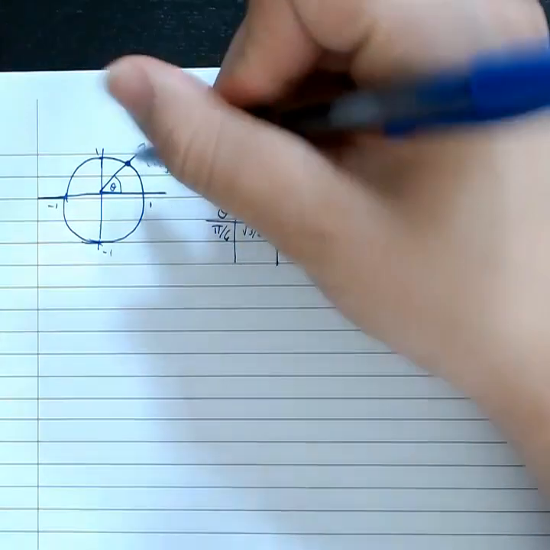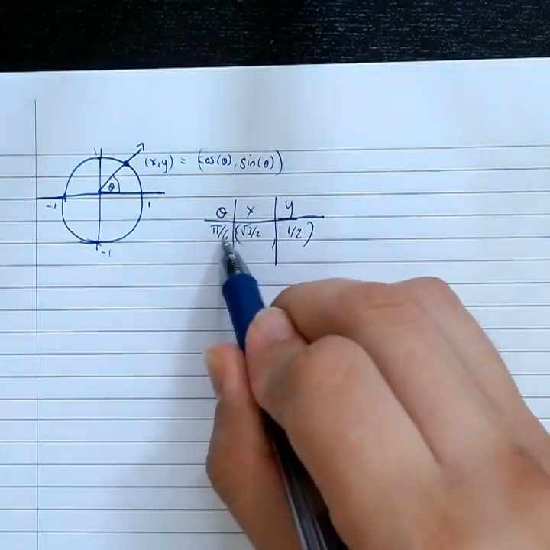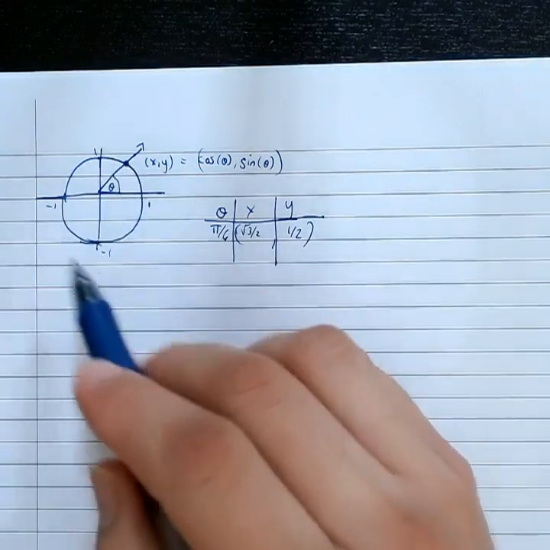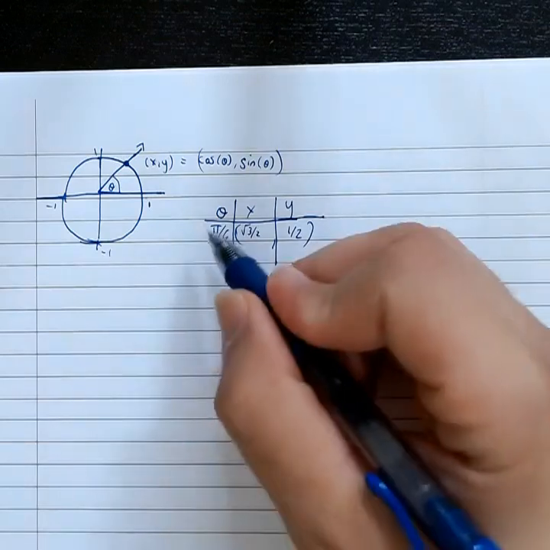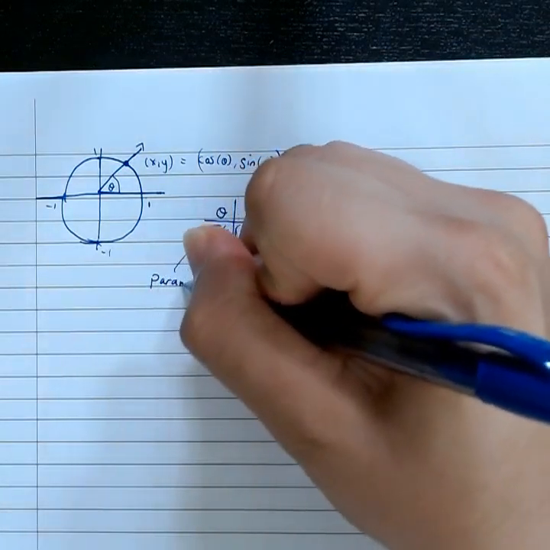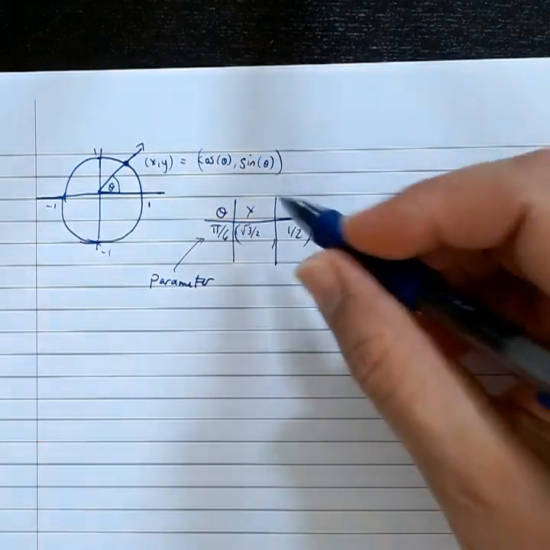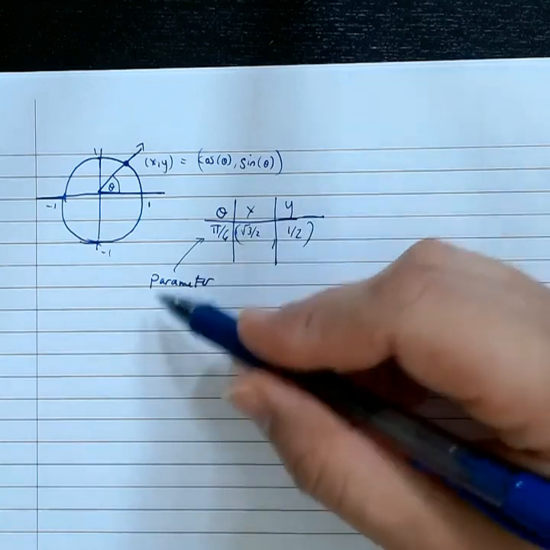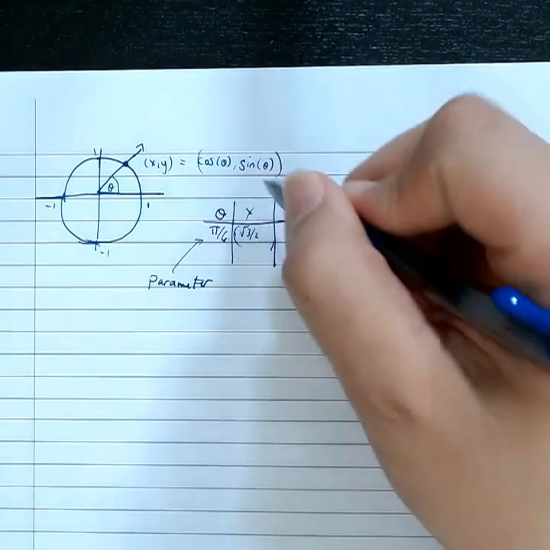Notice that that's a point in the plane. That's x comma y. So given one variable, you can find a point in a two-dimensional graph on the xy plane. This kind of variable is called a parameter. And the equations that tell us how that parameter can be used to find points in space are called parametric equations.